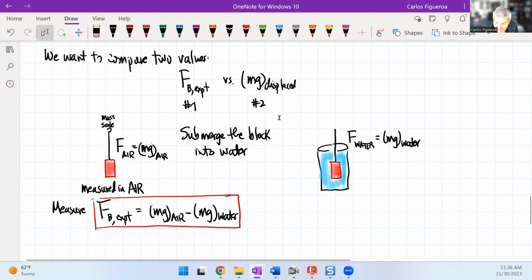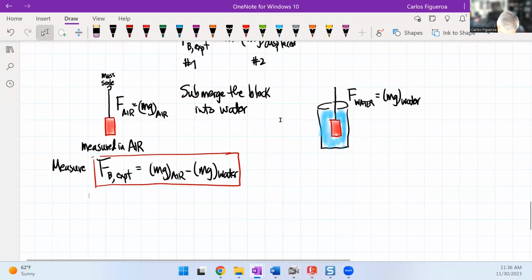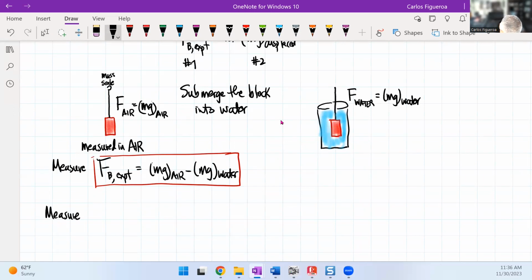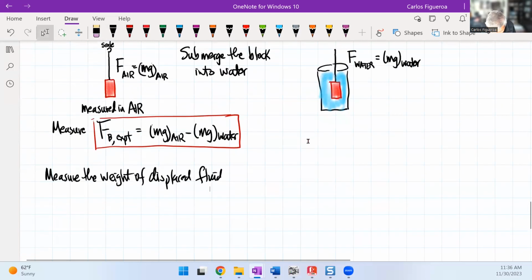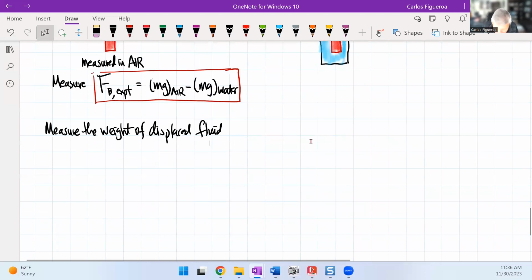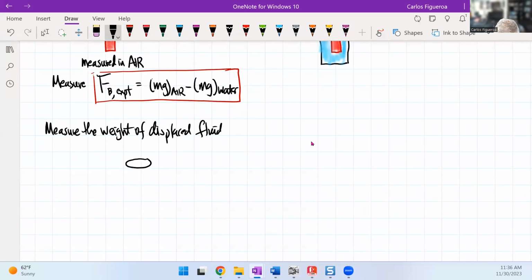The next thing we need to measure is the weight of displaced fluid. The way we do this is we have canisters that have little spouts.